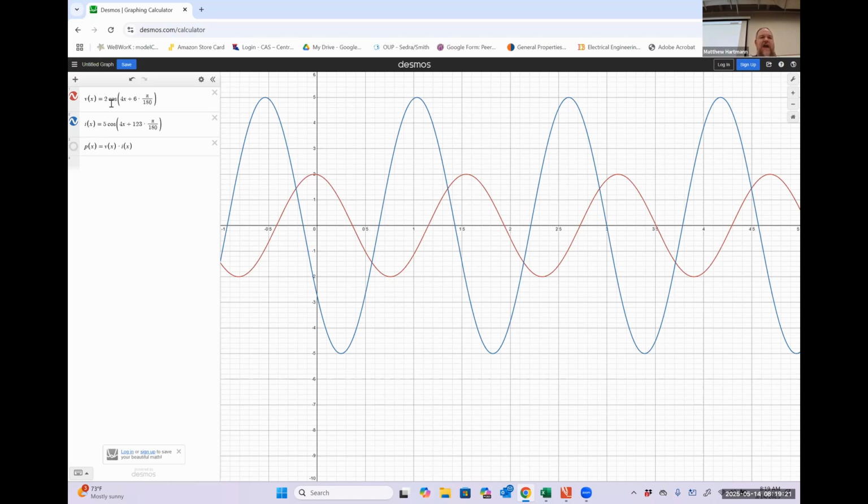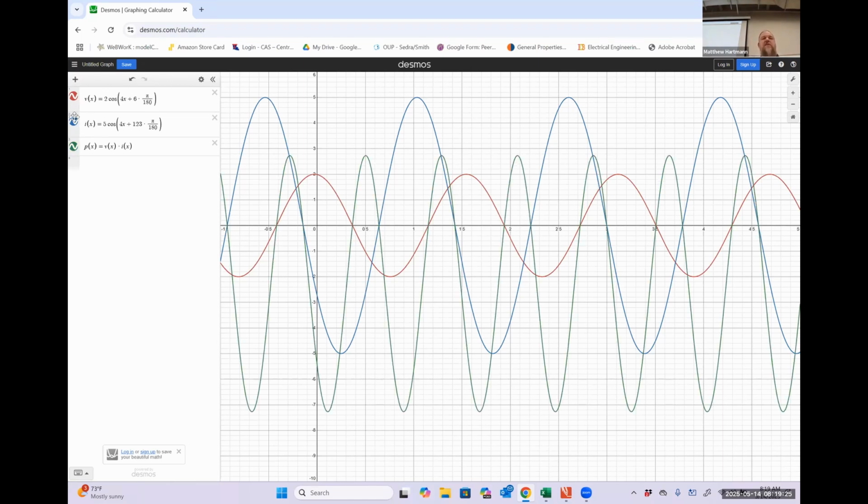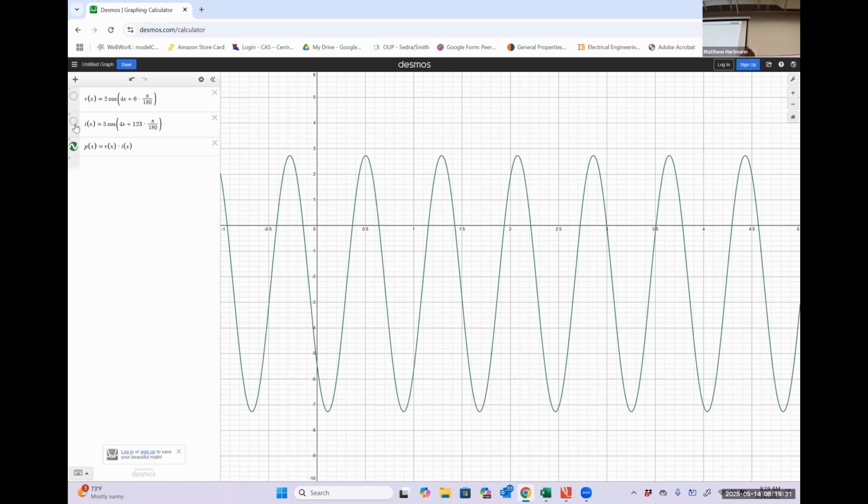So if we look at our instantaneous power here, and I'm going to turn off the current signal and the voltage signal because it's a little distracting, we can see that the average value of this power is going to be a negative quantity based on the phase angles that we happened to choose here, right?